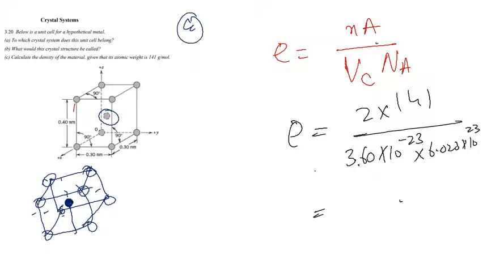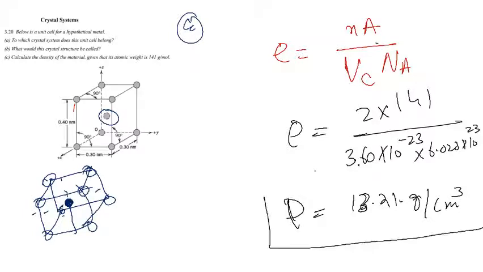So when you do the calculation, it will give you 13.21 grams per centimeter cubed. So this is our answer to part C.